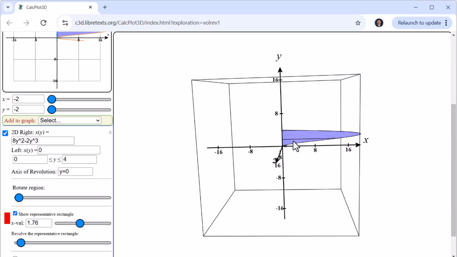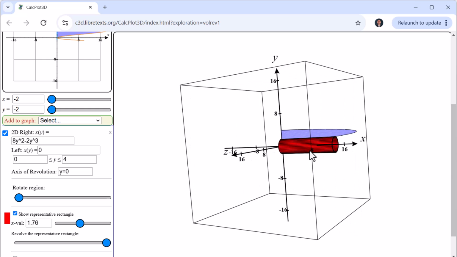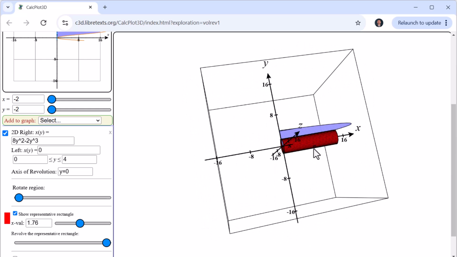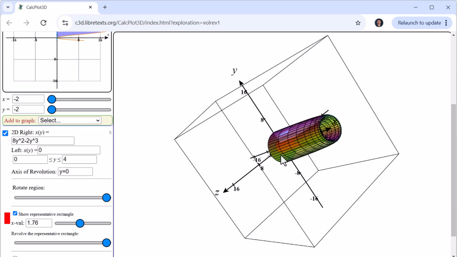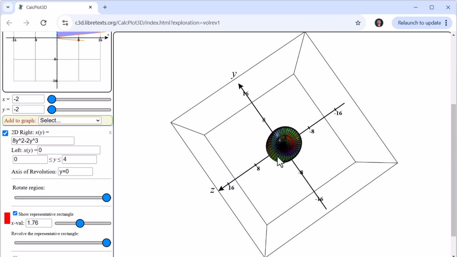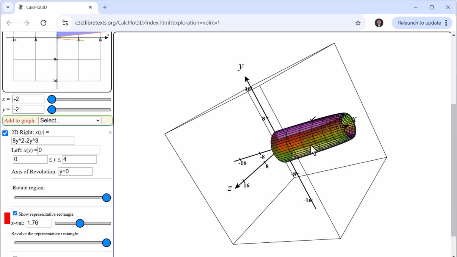And now let's just rotate this rectangle about the x-axis. This gives us one shell, or one cylindrical shell, of the volume of the solid. And now let's show both the solid and the shell. Again, notice the shell is one slice, or one cylindrical shell of the volume.